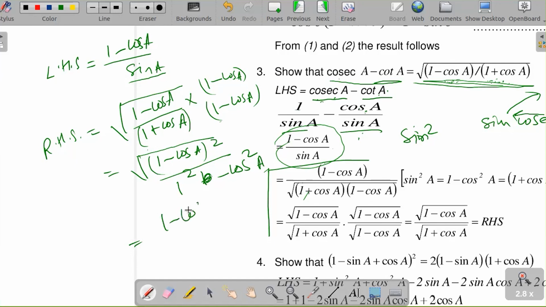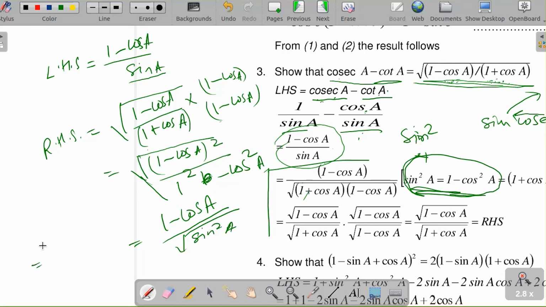It will be 1 minus cos A on top, and at the bottom it is root over 1 minus cos square. Again, we will use the formula: 1 minus cos square is what? Sine square A, right? Again, the square and root will cancel out, and that is 1 minus cos A by sine A.